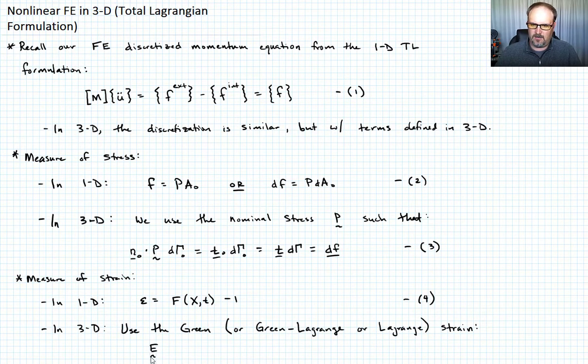We can write that as E is equal to 1/2 F transpose times F, these are tensors, minus I, the identity tensor. That's how we define that.